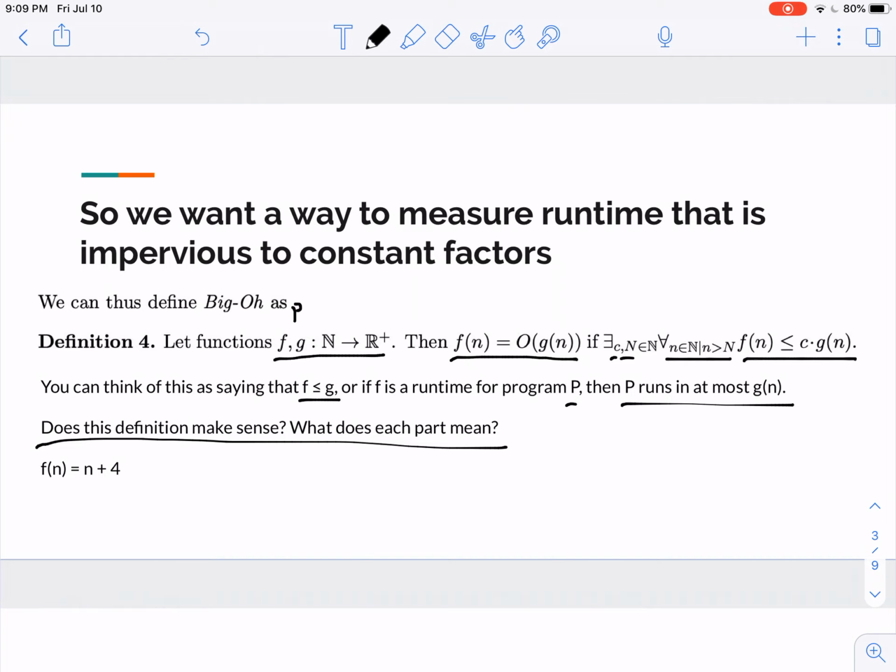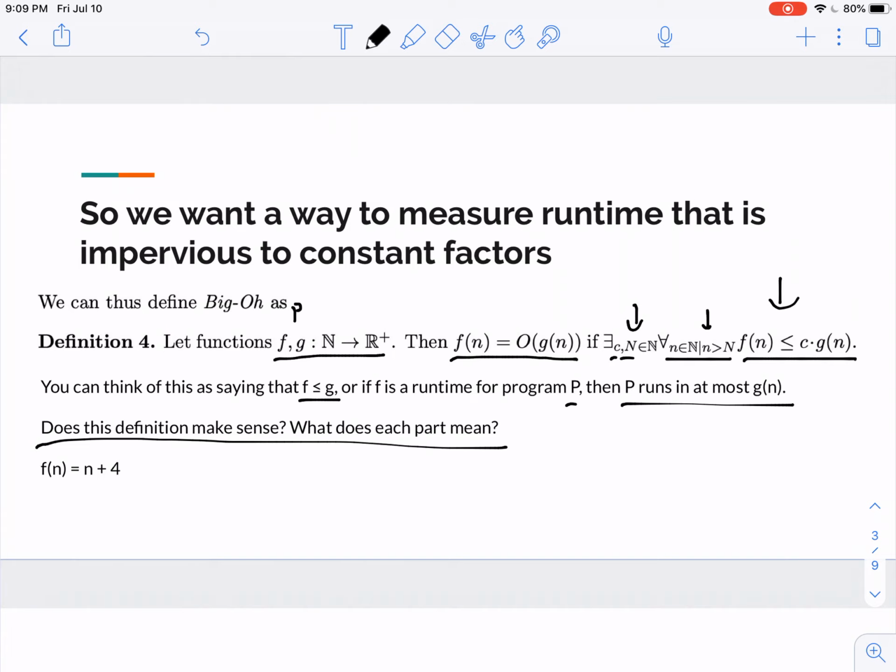The first part we're going to look at is this big N. Basically, the statement that you need to prove for big O only applies to natural numbers that are greater than some big N that you get to pick, right? And that corresponds to the intuition that we only really care about the asymptotic behavior of a program.